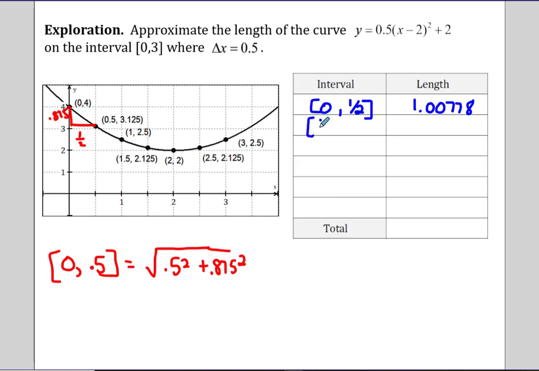On the interval from 1/2 to 1, we're going to do the same thing. So this time the difference is going to be this hypotenuse.